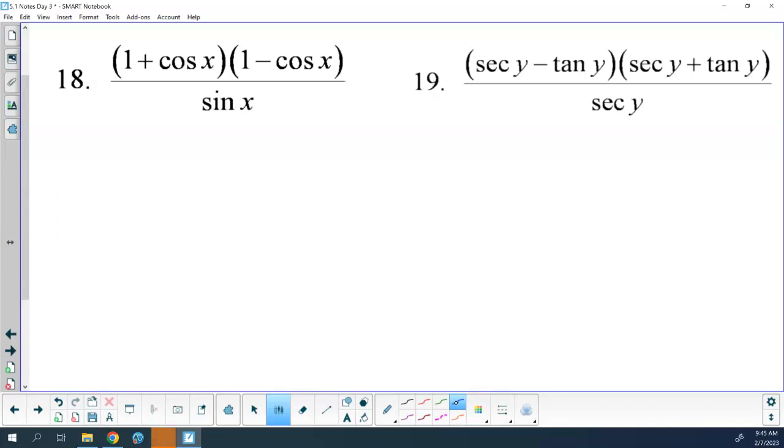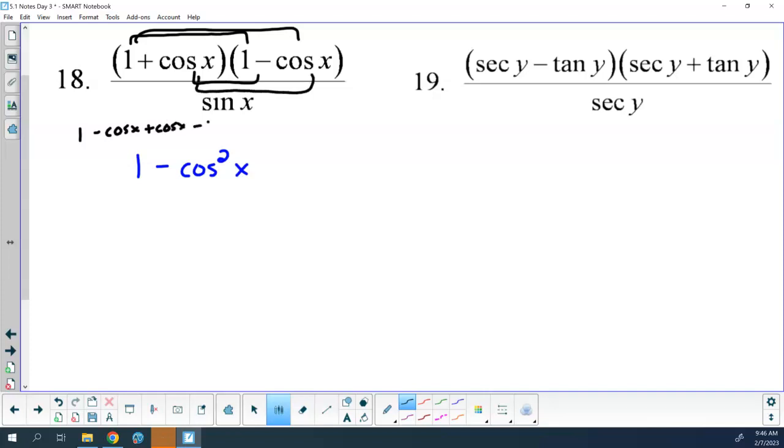I'd make this top be 1 minus cosine squared, right? Because really it's 1 minus cosine plus cosine minus cosine squared. So that's just 1 minus cosine squared.